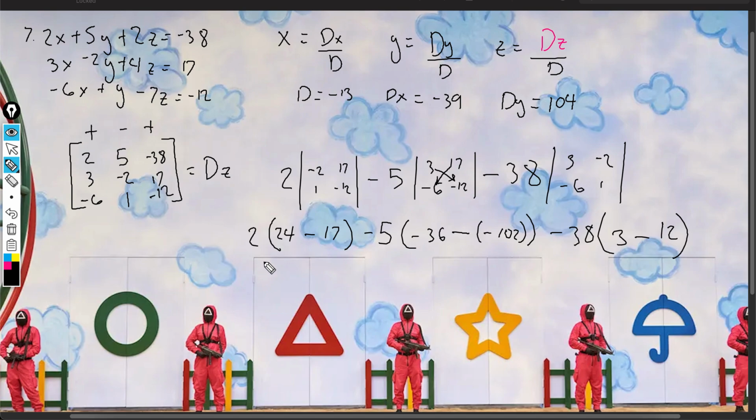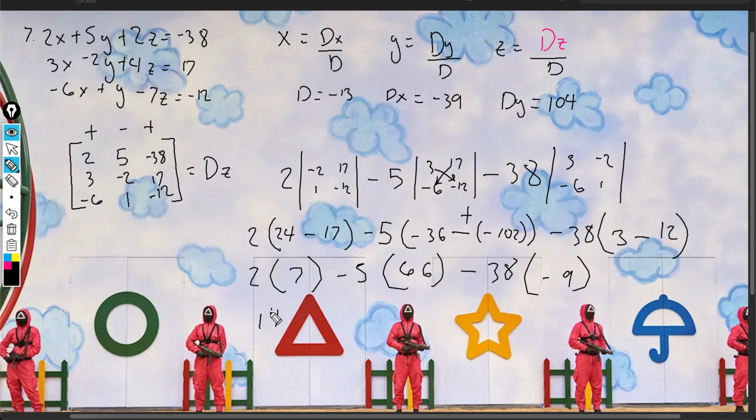Wonderful. Now let's just solve straight through. Well, what's in the parentheses first, of course? That is a 7. 5. This becomes a plus, remember? Negative, negative, plus. So negative 36 plus 102, 66. Negative 38 times 3, that's negative 9. Multiply those two.